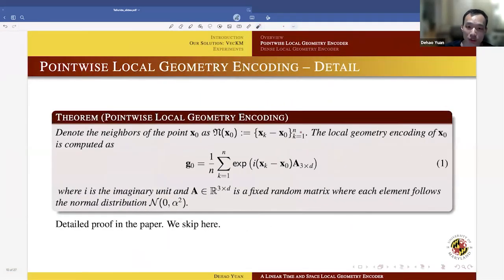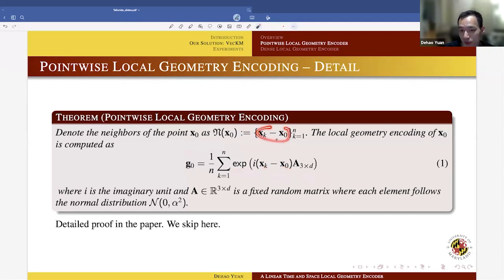So to formalize that exactly, there is a theorem that formulates the previous intuition. Let's say you have the neighborhood of point x0 to be this, and then the local geometry encoding would be equal to this formula. It is just a summation of exponential i times (xk minus x0).